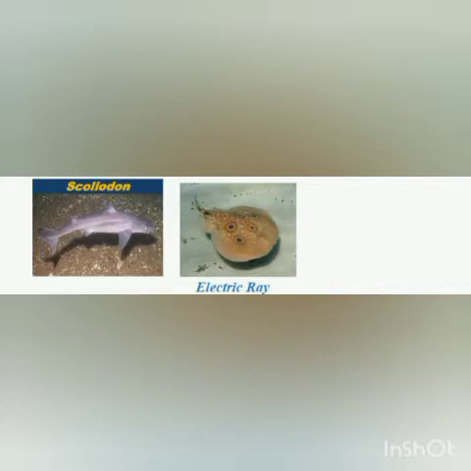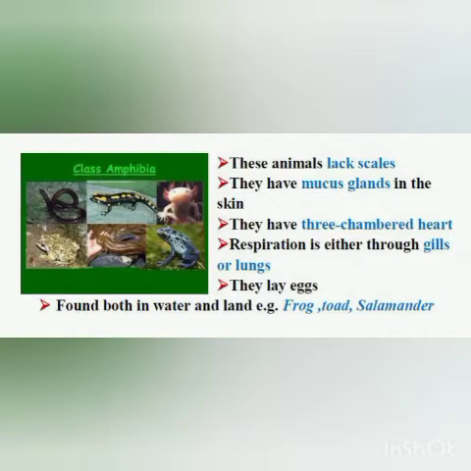Then we come to class Amphibia. Amphibians lack scales. In class Pisces, the organisms have scales which protect the body, but amphibians lack scales. They have mucus secreting glands in the skin. That is why the skin of amphibians is slimy.